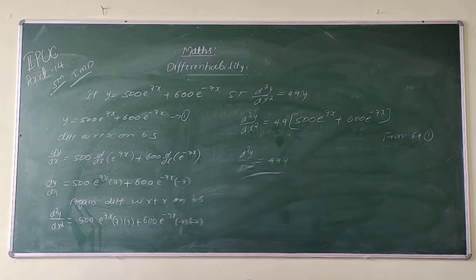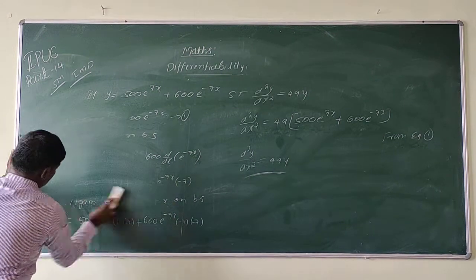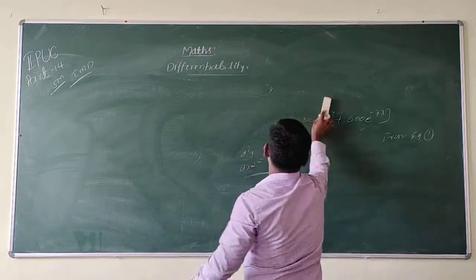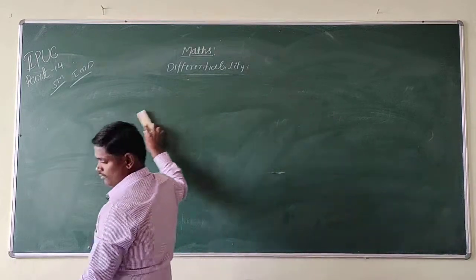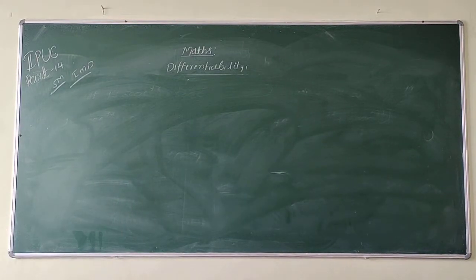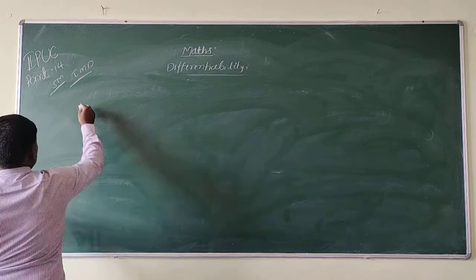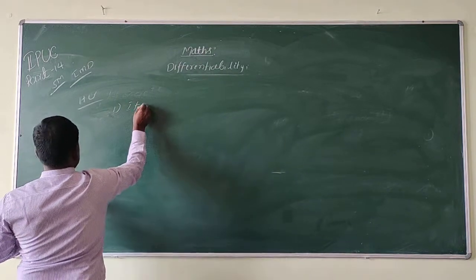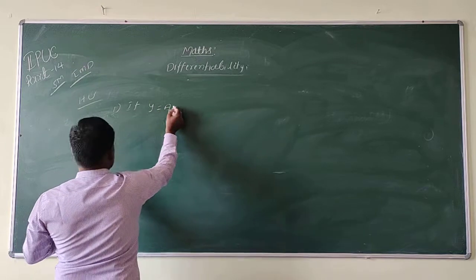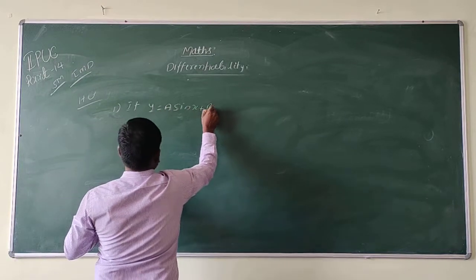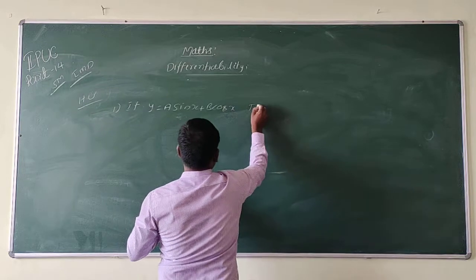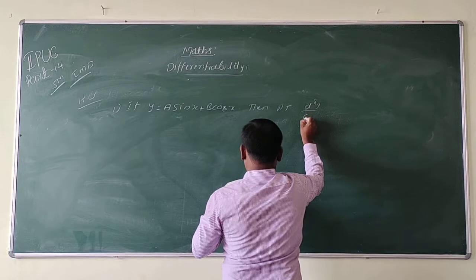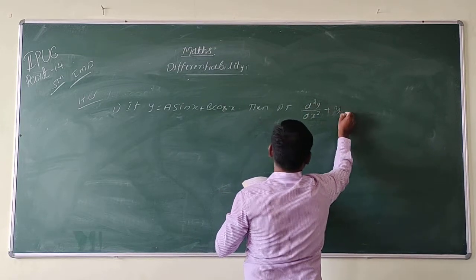Okay, is it clear? So next, take some problems as homework. First one: if y is equal to a sin x plus b cos x, then prove that d square y by dx square plus y is equal to 0.